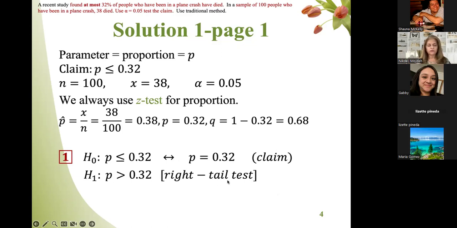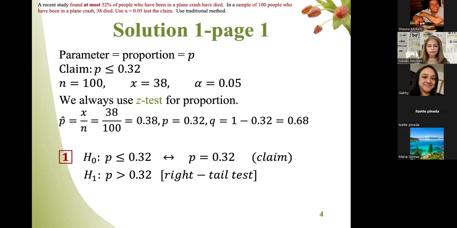Any questions? One of the things that students have been confused about is the p's. P hat always means the sample proportion, and p without the little hat on top is the population proportion. You have to make the distinction.